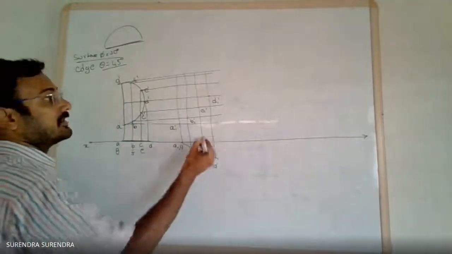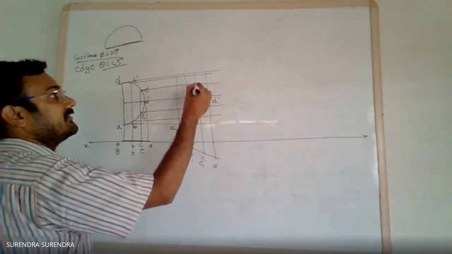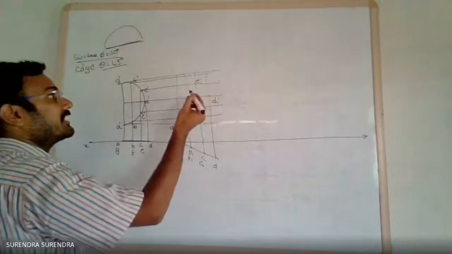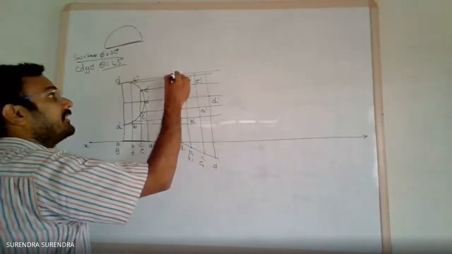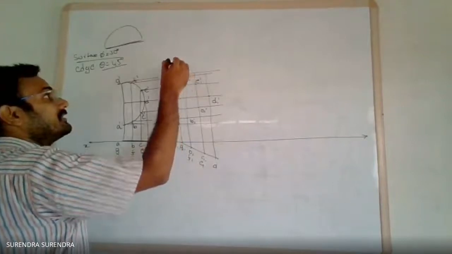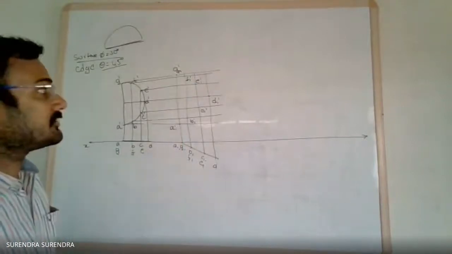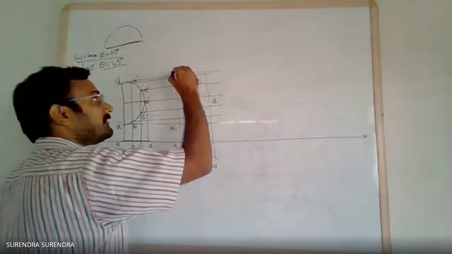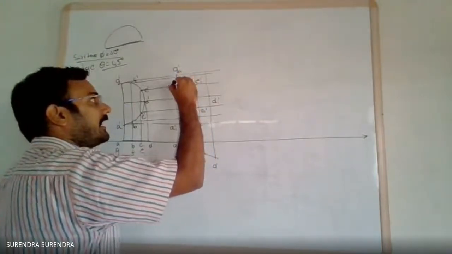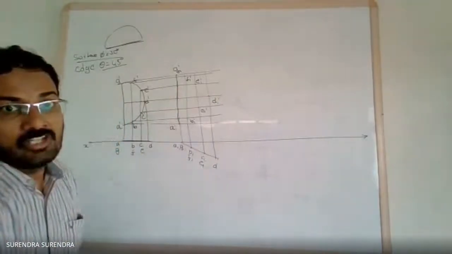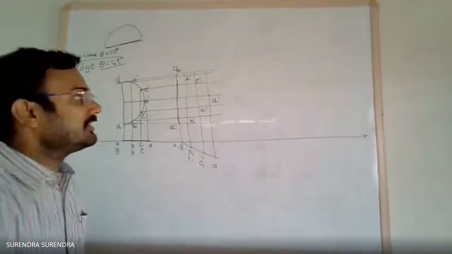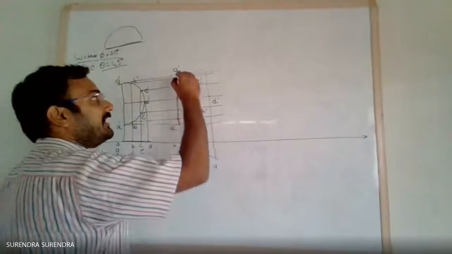Next E, E dash, E1 dash. Similarly F1 dash, G1 dash. Join all those with a smooth curve, not with a straight line, as it is a semicircle. Only AG is the edge. Join AG with a straight line, and B, C, D, E, F, G with the curve.